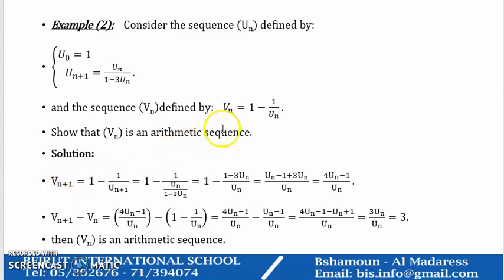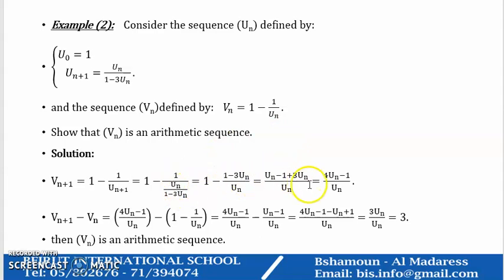When they ask us to determine that the sequence Vn is an arithmetic sequence, we need to find first of all Vn+1. So Vn+1 = 1/un+1. I take this form and I replace n by n+1. And un+1 = un / (1 - 3un).